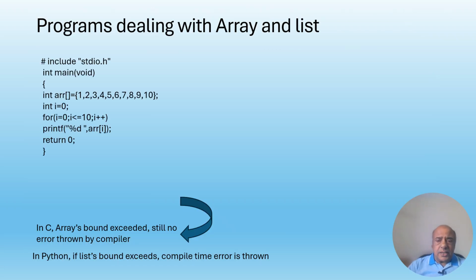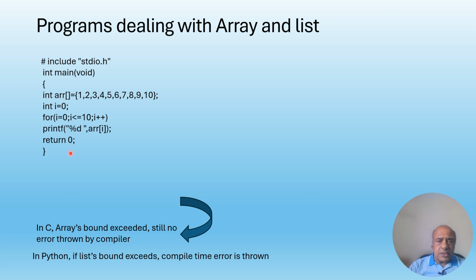Program dealing with array and list, just a small program. There is an array declared ARR in C, populated with items 1, 2, 3, 4 up to 10. Then there is another variable of type int declared named I. The array is also declared as int type of array.